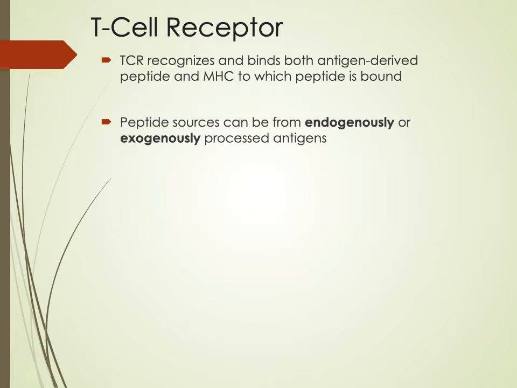Okay. The source of peptides can be either endogenous or exogenous processed antigens. And we'll talk more about the T cells, the receptors, and peptide protein sources later on in the semester.